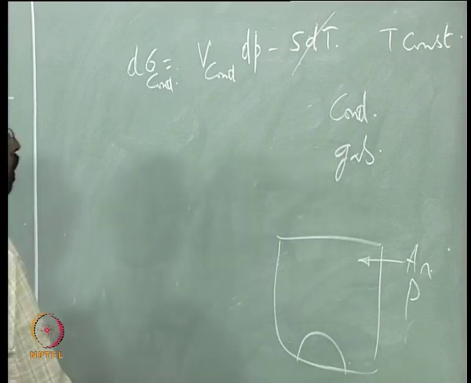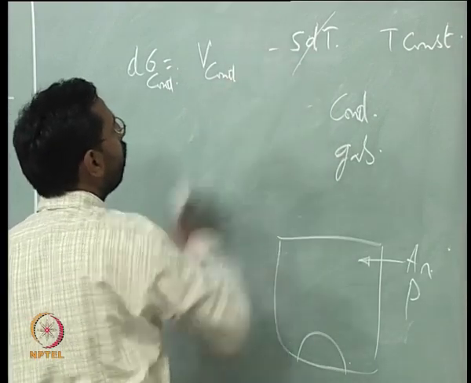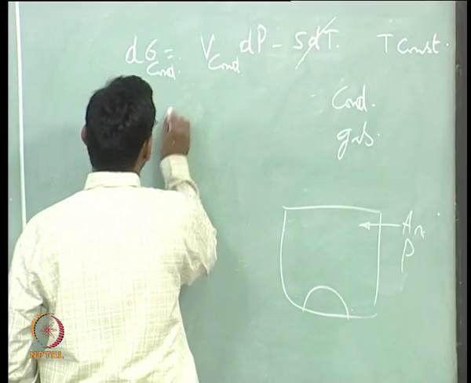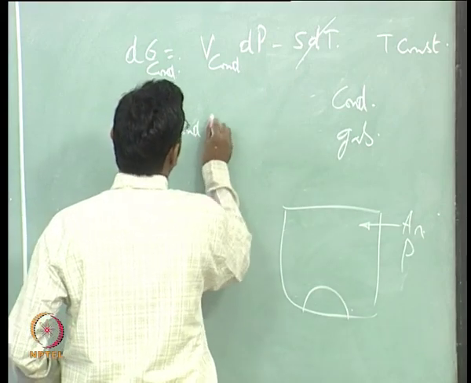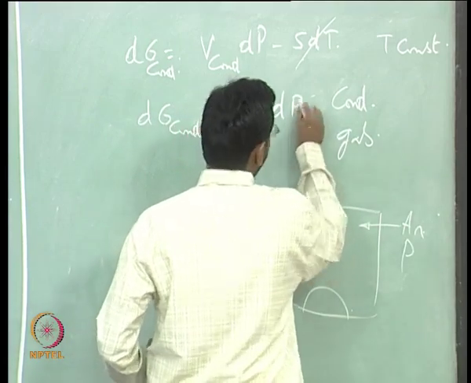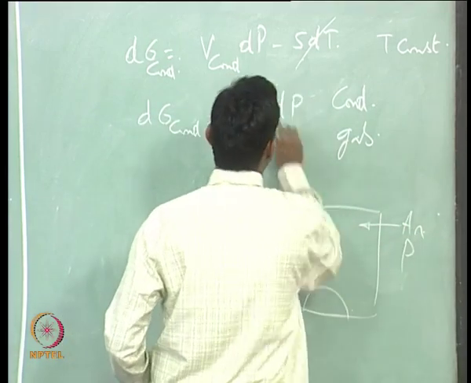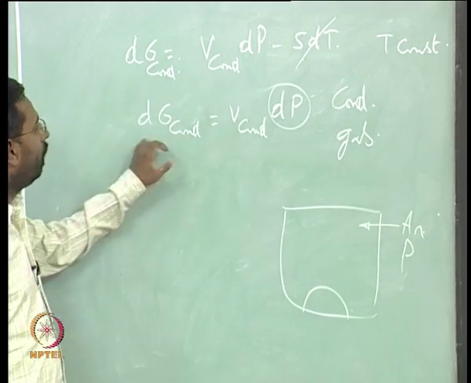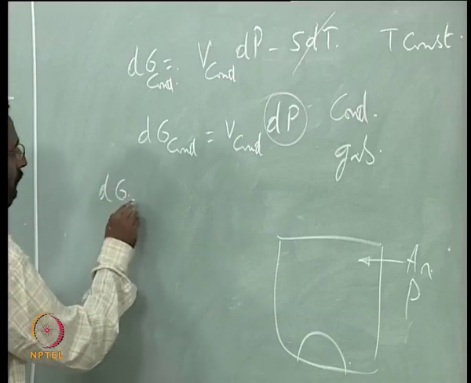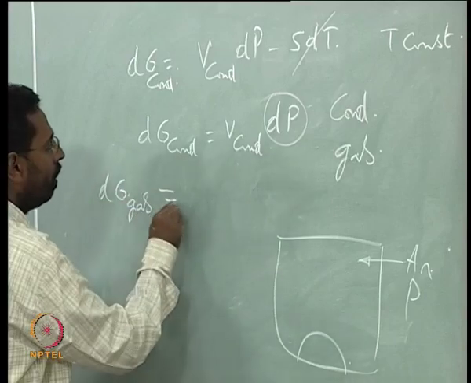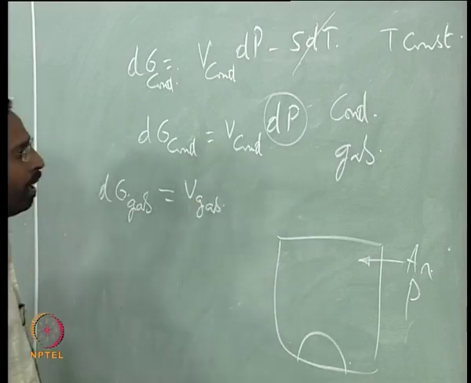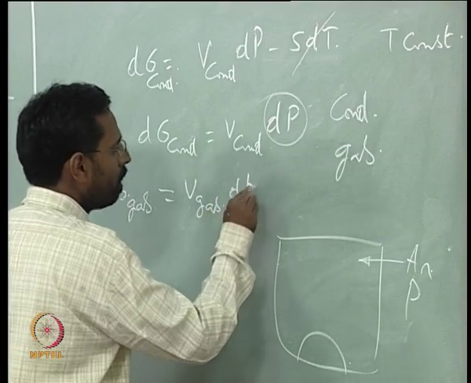So we can write dG of the condensed is equal to V of the condensed dP. So if there is any external pressure, with a change of pressure the dG changes with this. Now if we do the same thing with the gaseous phase, V of the gas, multiplied by dP.